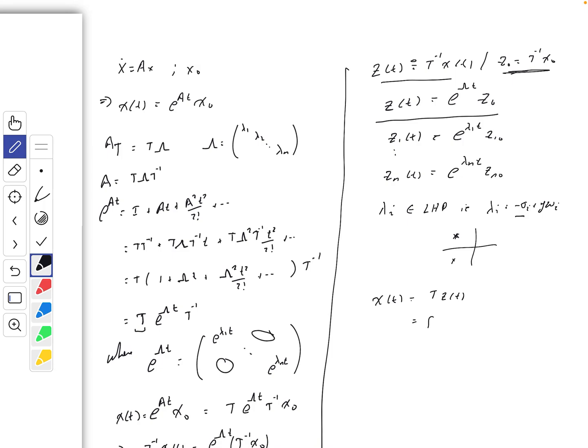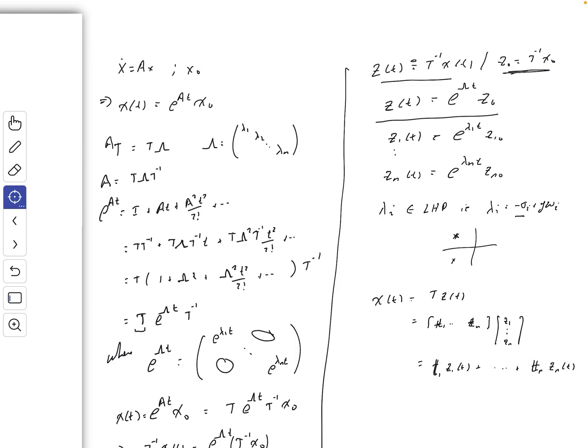So in other words, x of t is going to be the first eigenvector, bold T1, times z1 of t, plus up to the nth eigenvector times zn of t.